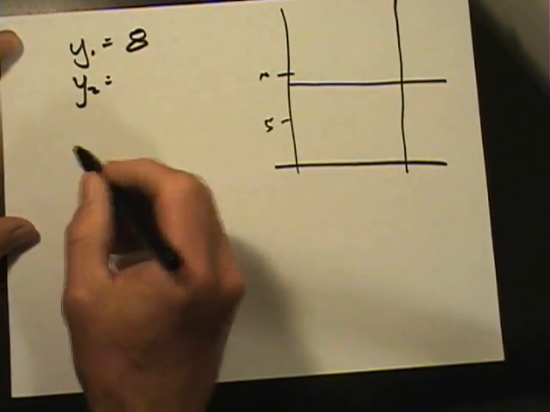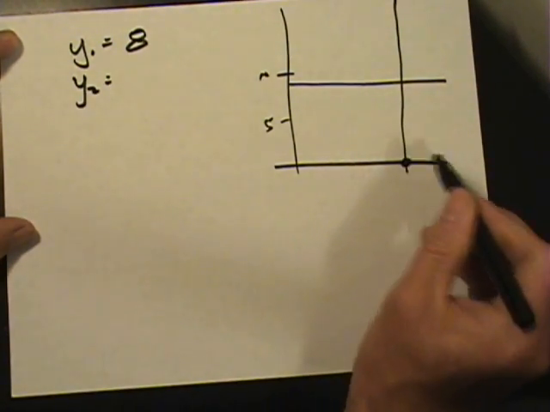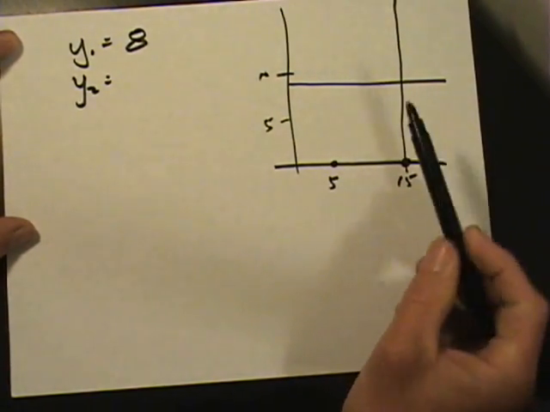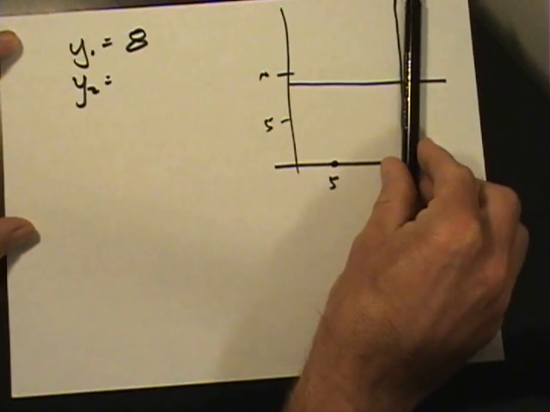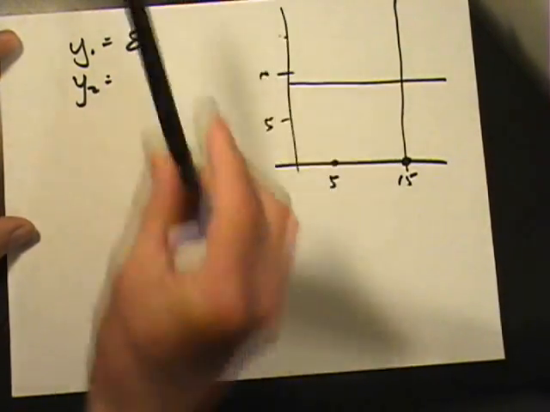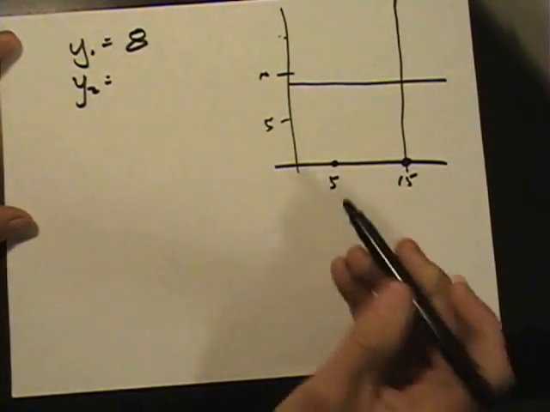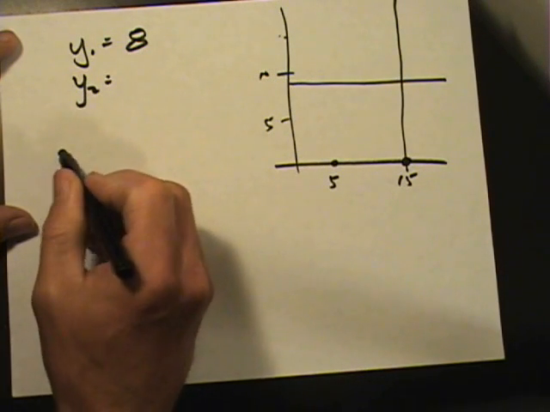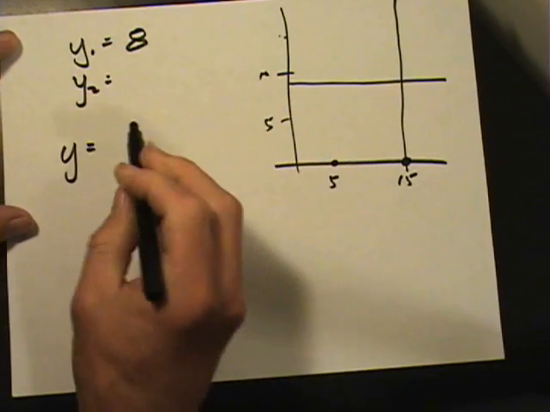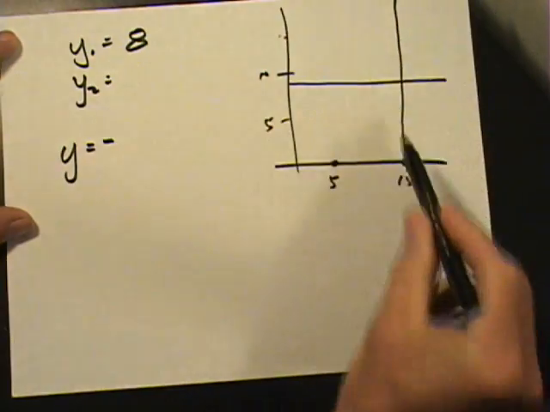So this is a bit of a cheat, and I figured this out, and not many people do it this way. If we want to graph a vertical line that goes through, in our case, 15, and then right here, 5, we're just going to do an incredibly steep line that will intersect it way up at 0, 1 million. So this is the little cheat here. We're going to type in y equals, and the slope is going to be negative, because if it touches up here and comes down like that, it'll be negative.